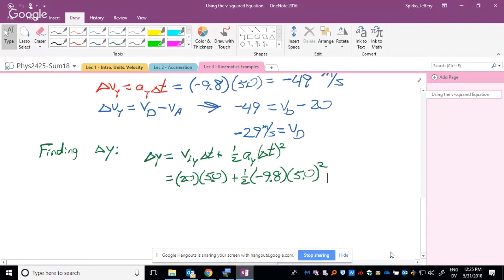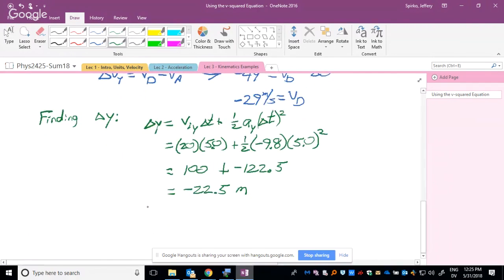It's an equation that is, like I said, pretty straightforward. This is 100 plus 0.5 times 9.8 times 5 squared, which is negative 122.5. So that's negative 22.5 meters. And that is delta y, which is final minus initial.